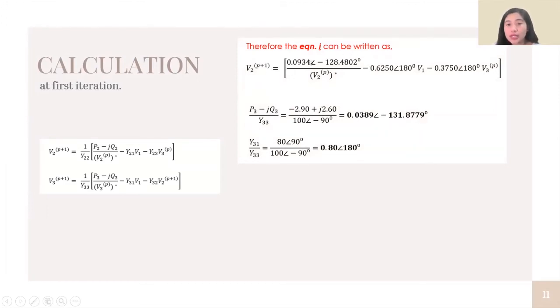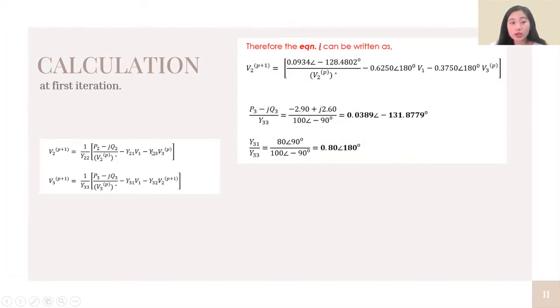Lahat na nakuha natin is that ito yung sa una, ito yung sa pangalawa, at ito yung sa pangatlo. So, ito yung value natin for P2 minus JQ2 all over Y22. Ito naman yung dinivide din natin ng Y21 all over Y sub 22. Tapos dito yung dinivide natin yung Y sub 23 all over yung Y sub 22.